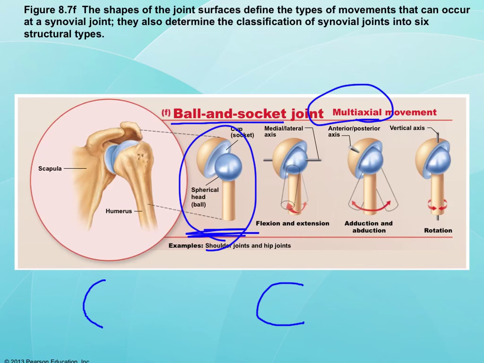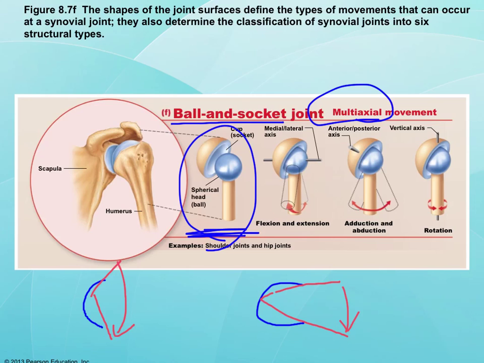So the shoulder can move more freely than the hip. The range of the shoulder, of the humerus, will move like this. However, the hip can only go this range. That is shoulder, that is hip, just because of the cavity shape.